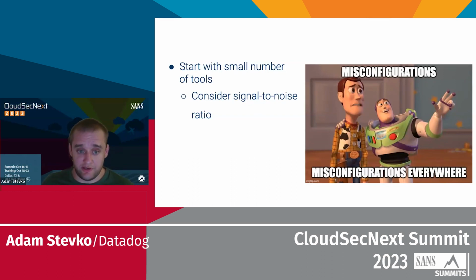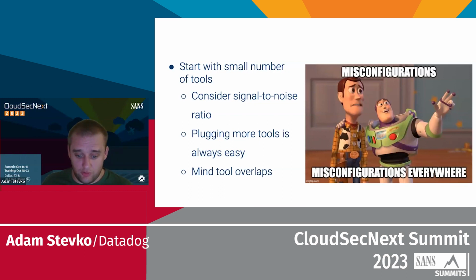So basically nothing will get fixed. Always keep in mind that plugging in more tools is easy, because detections are one of those things that are done easily. But when you keep using more tools, always mind the tool overlap.